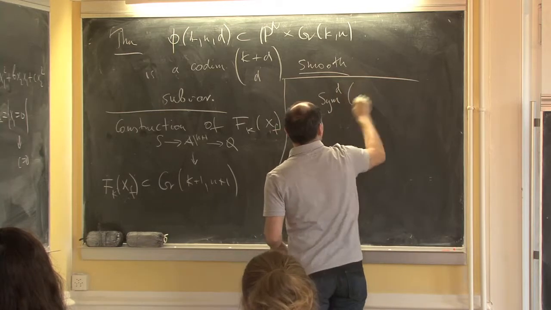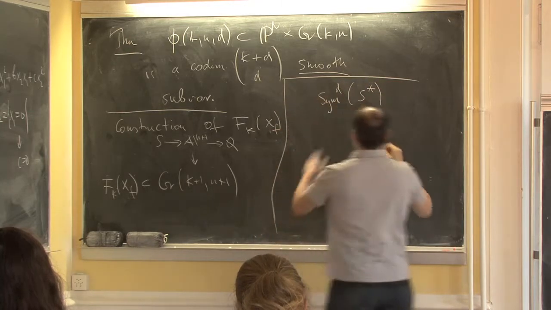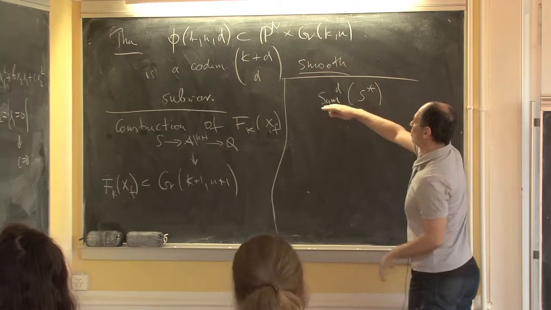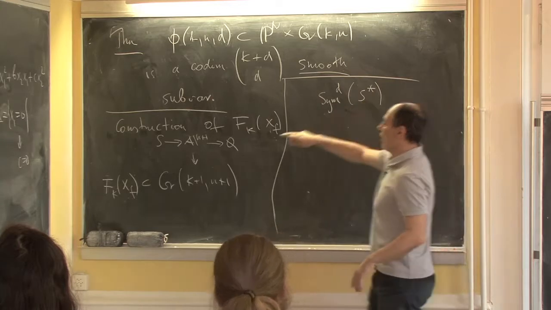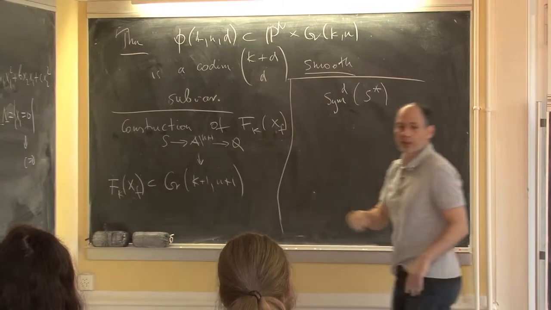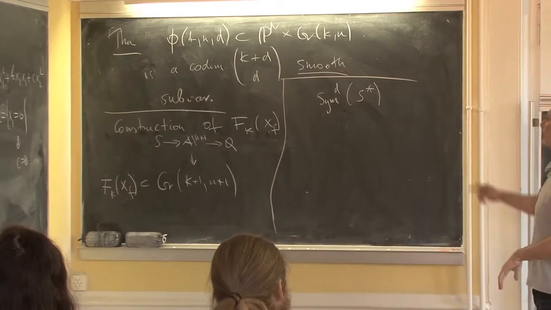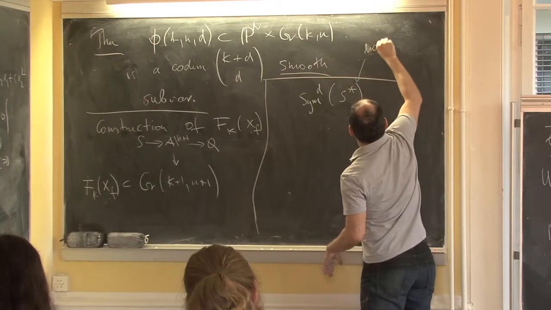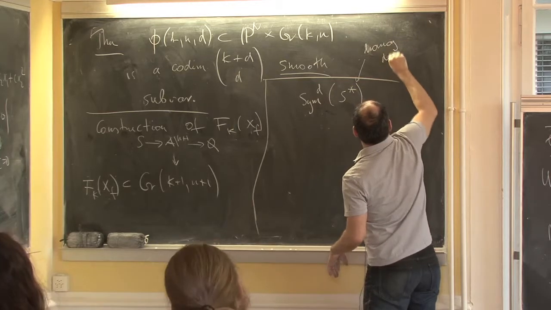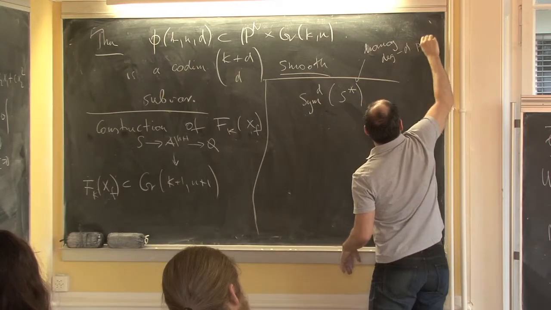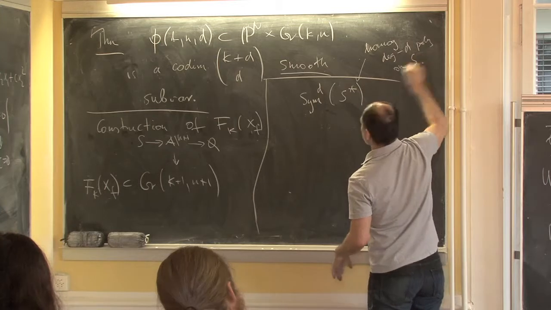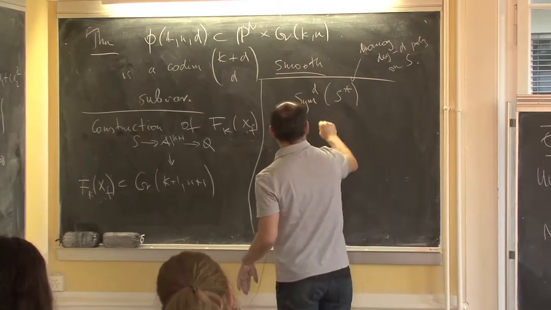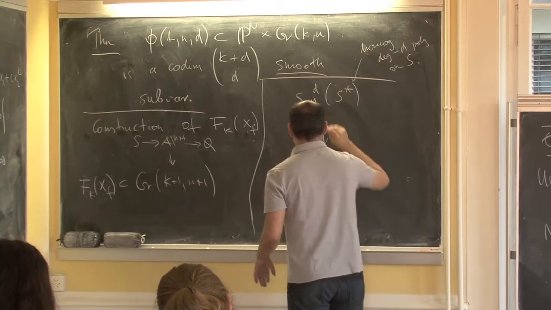And the way you do that is that this restriction precisely does the following. I'm going to look at the d-symmetric product of S dual. What is that? That's just symmetric, homogeneous degree d polynomials on S. That's some tensor power of S star. And I look at that as a bundle over the Grassmannian.